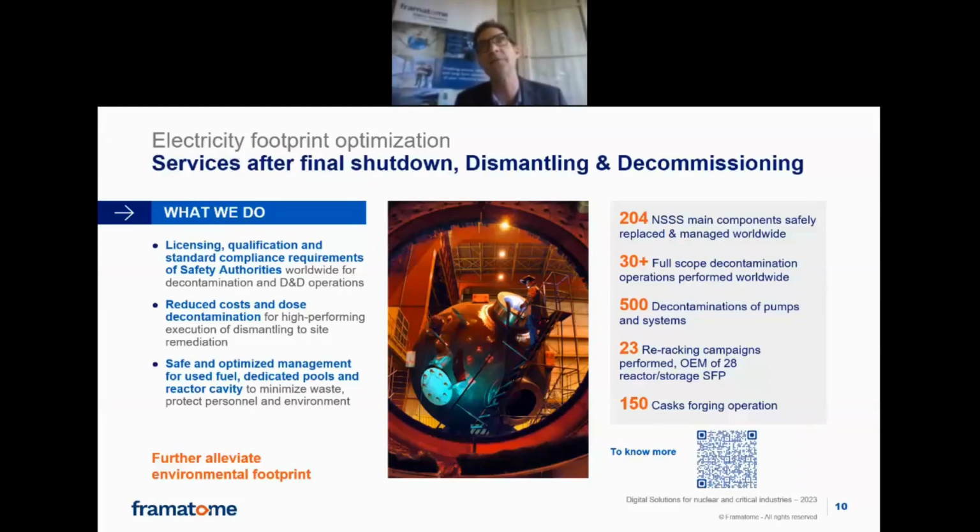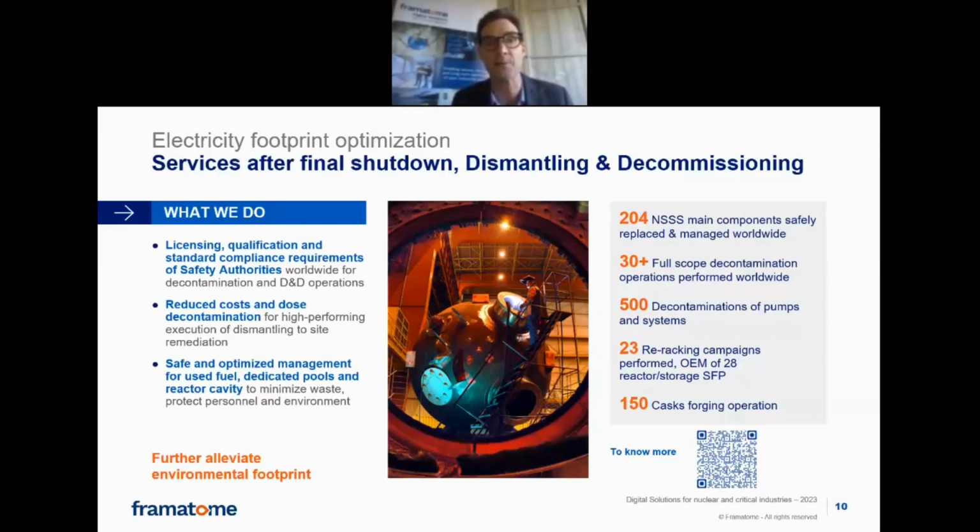So we kind of think of Framatome as very involved for new builds and plants in operation, maintenance. Those are truly important activities, but there are a lot of engineering and specialized tooling and manufacturing which are done for D&D, for dismantling and decommissioning. As I said, this includes licensing, cost optimization, dose decontamination, dose optimization, and of course, used fuel optimized management.